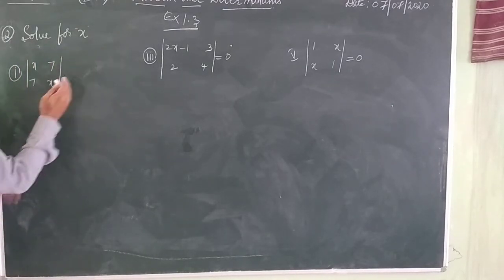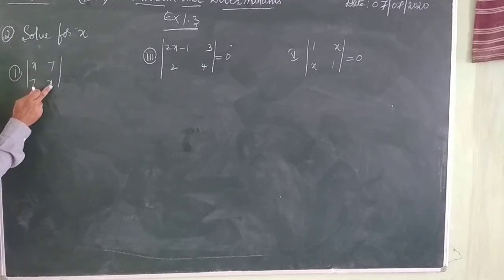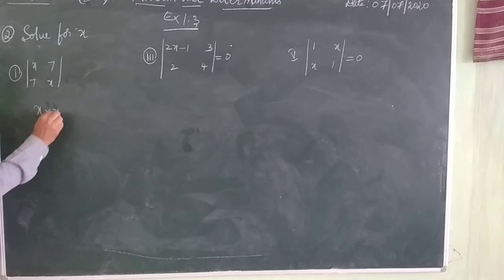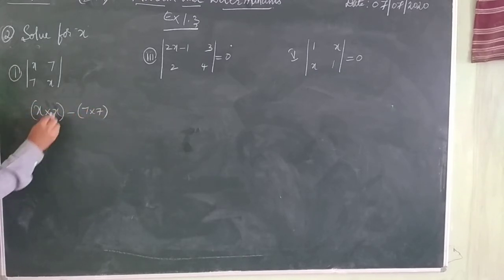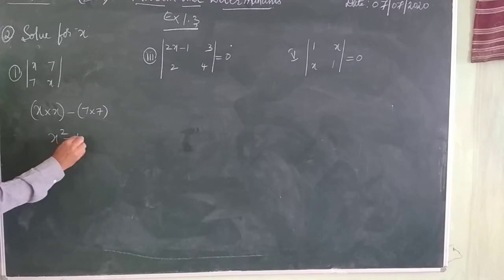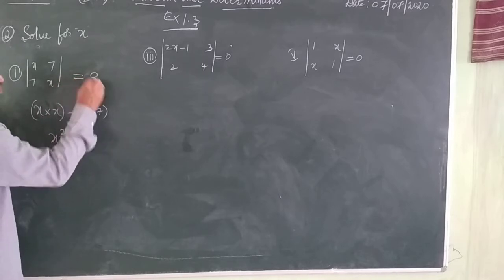We just get the second order determinant. Then what we need to do is the product of principal diagonal, x into x, minus 7 into 7. So this will become x square minus 49, or x square minus 7 square. Now this is equal to 0.